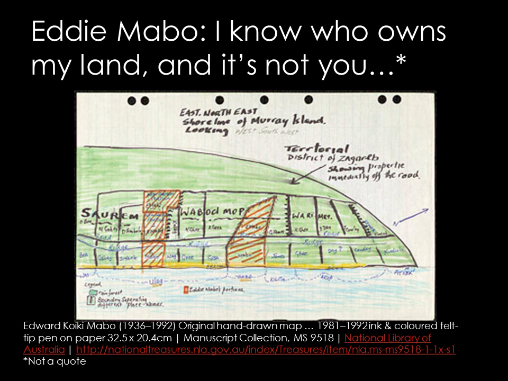And the basis of his claim was that he objected to the state of Queensland imposing its own claims on the Torres Strait Islands. He said, you can't make these claims on the Torres Strait Islands because we're the owners of the land. It doesn't make sense to me that you would make these claims because we have always been the owner of these lands, and we know who owns individual parcels, we know where they come from, and this is all determined according to our laws and customs, and it does not make sense to me that the state of Queensland would be able to make some sort of a claim.